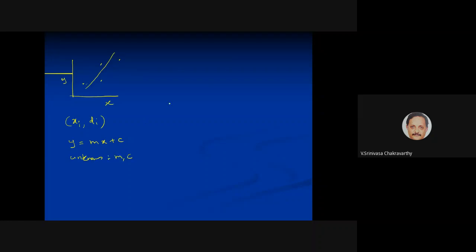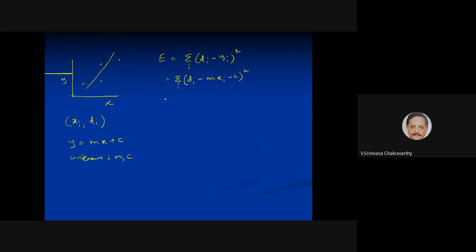So how do we solve this problem? If you take the least squares approach, your error is sigma over i of (di minus yi) whole square, which is equal to sigma over i of (di minus m xi minus c) whole square. So this you need to minimize.